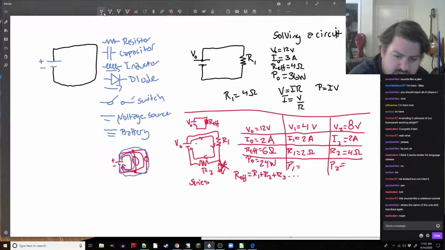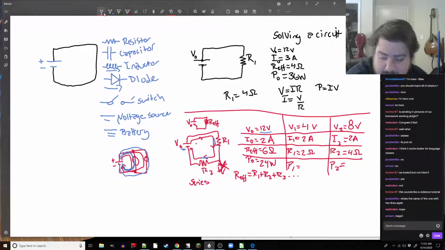So any voltages on any closed loop, all of the voltages have to add up back to the original voltage. So in our case, V1 and V2 are the only two on this closed loop, so they have to add back up to V0. If we had a branching one, which we're going to have next, it'll show us that different loops will have different voltages. Okay.